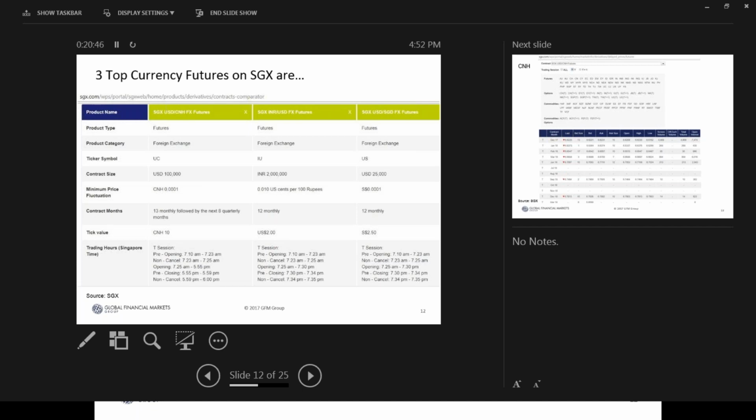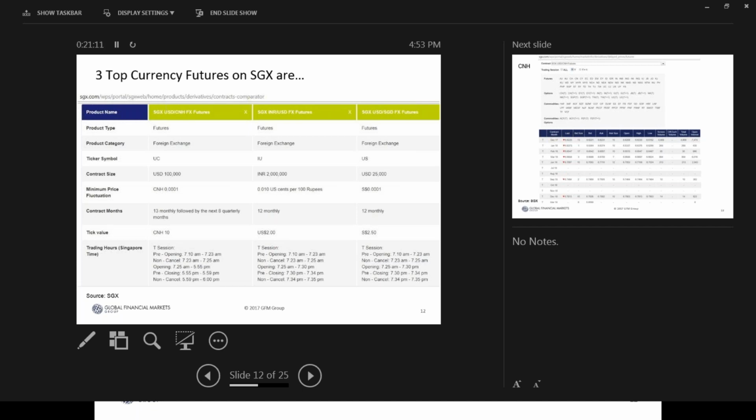So the CNH futures are in competition with the contracts at the Hong Kong exchange. The difference is one is physically settled, one is cash settled, but they are competing to be the 2 most liquid contracts for trading the renminbi on a forward basis. And I'm going to show in a bit how that means you can access higher renminbi interest rates or use it in order to hedge a renminbi position.